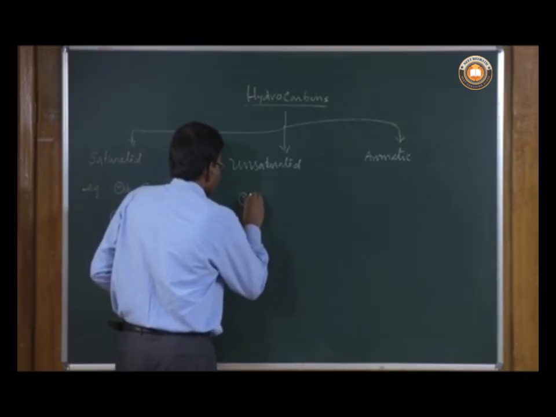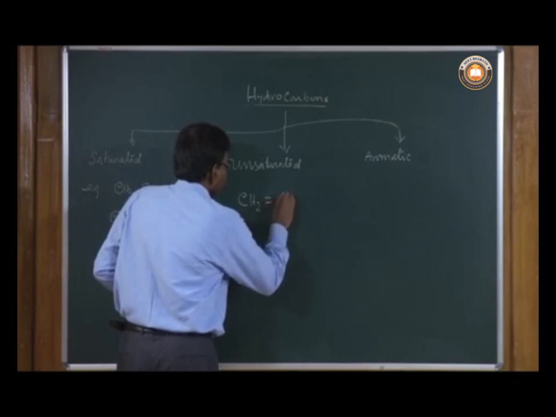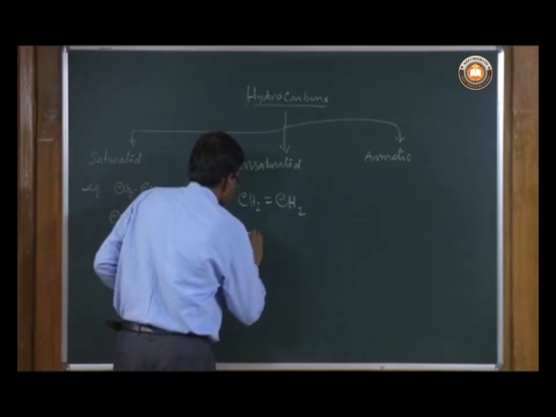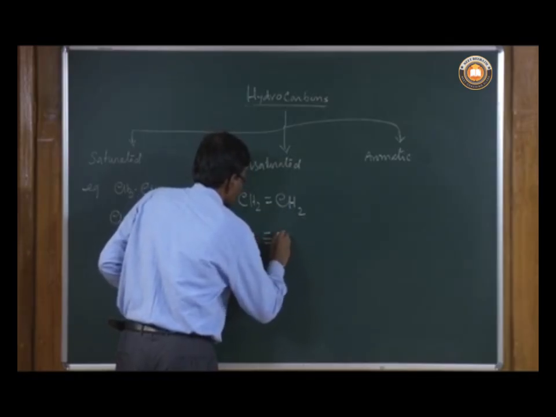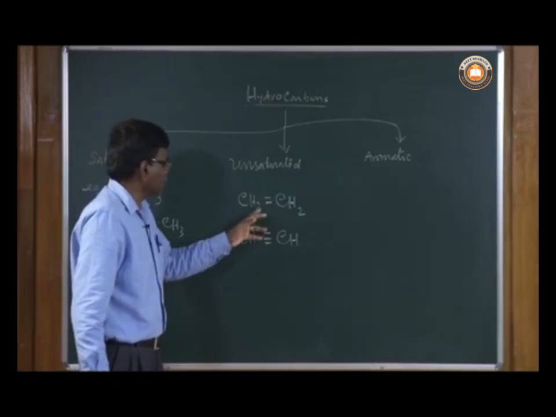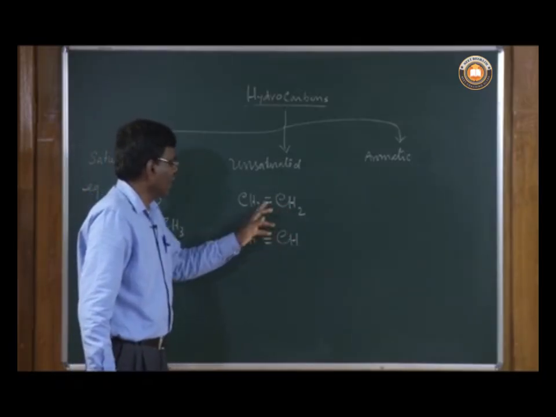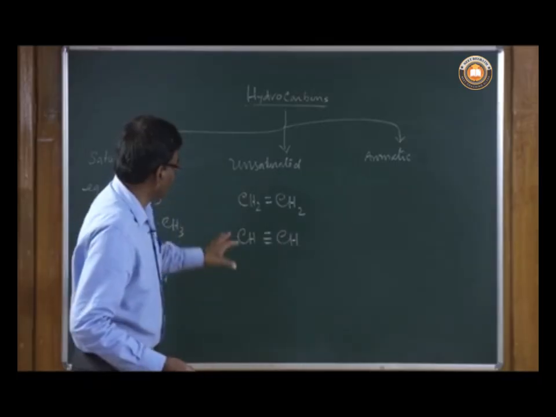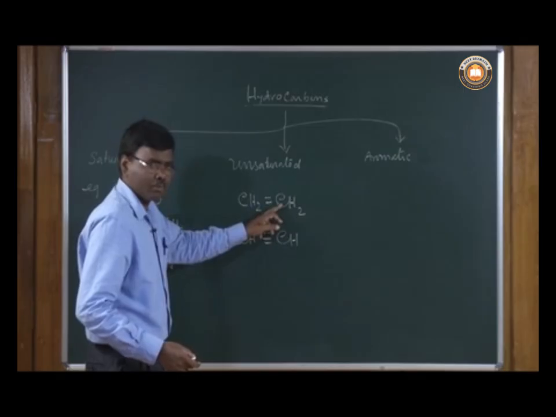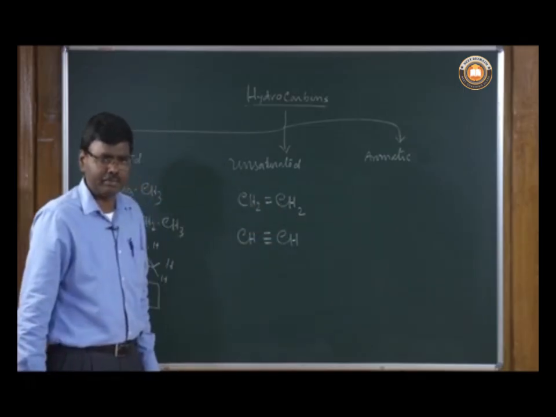Unsaturated hydrocarbons are compounds that contain carbon-carbon multiple bonds. For example, this molecule has a carbon-carbon double bond: the carbon is bonded with 2 hydrogen atoms, again bonded with carbon, with a carbon-carbon double bond.